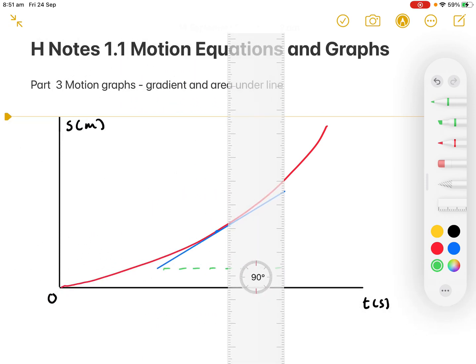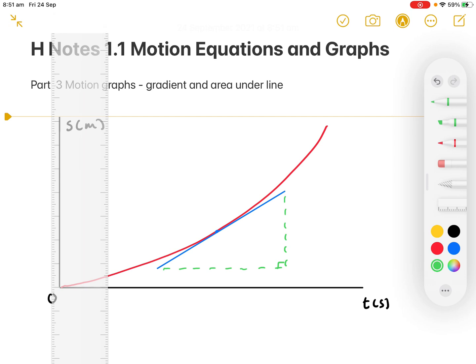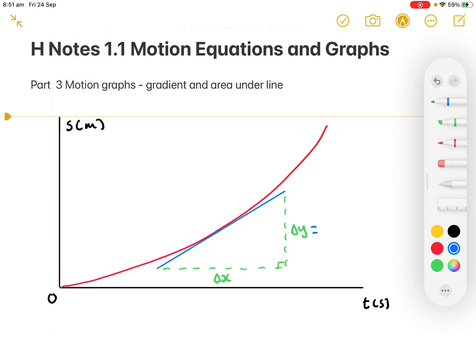Now, you know how to get the gradient of a straight line. It's the change in the y-coordinate divided by the change in the x-coordinate. So, in maths, you would call it delta y over delta x. But in this particular case, our delta y-coordinate is the change in displacement, so it's really a displacement, and the change in the x-coordinate is a measure of time.